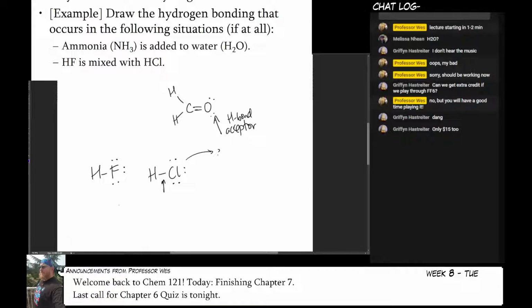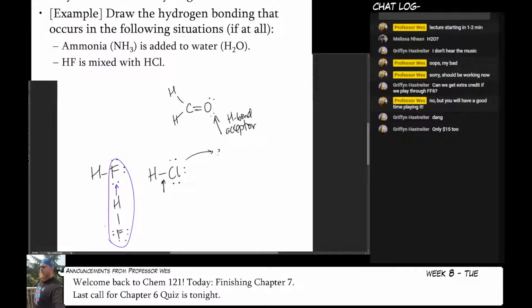But if I have another hydrogen attached to a fluorine here, I could form a hydrogen bond in this manner. So in a solution of HF mixed with HCl, the HFs will all stick to each other and they will remain a liquid, whereas the HCl might evaporate. In other words, these two would exclude each other, is what we would predict.